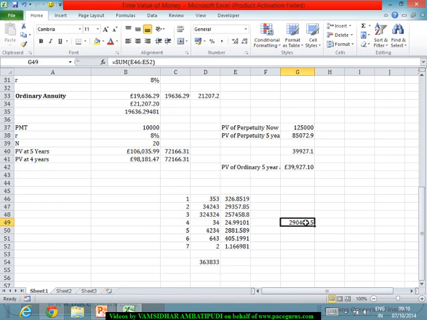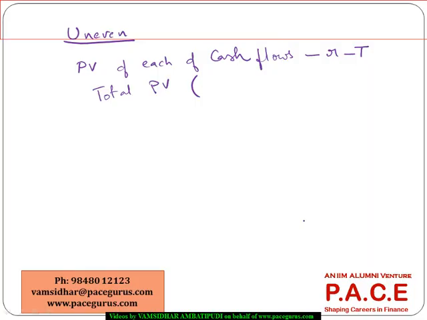That is what will give us the total present value. At a later point I'll even introduce a concept called NPV, the net present value, based on the future cash flows that we are typically getting. So especially if the cash flows are uneven, that is a process that we can follow to find out the present value of our total investments.